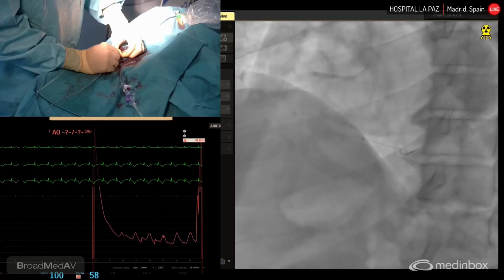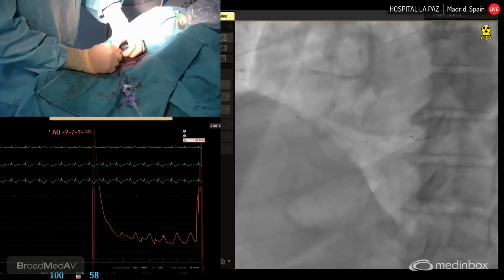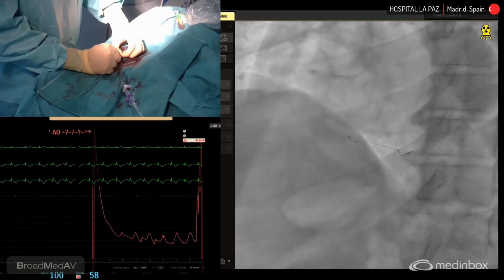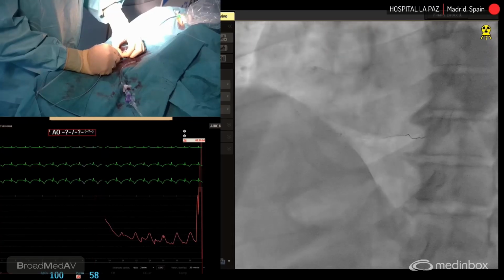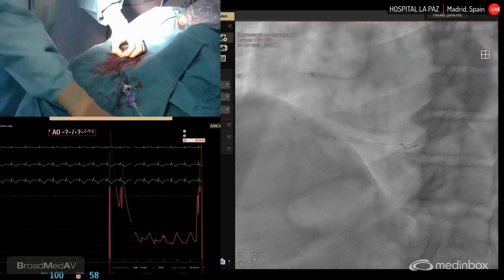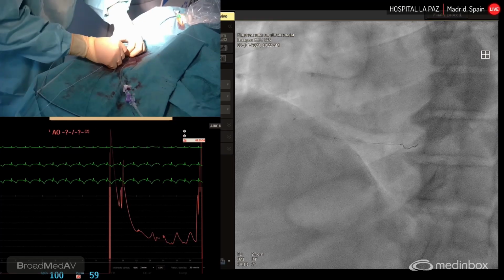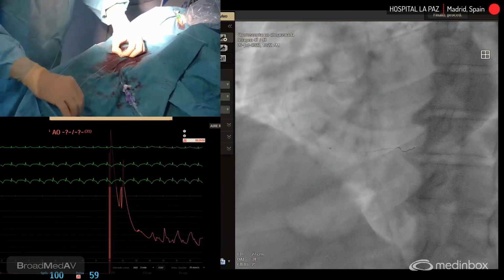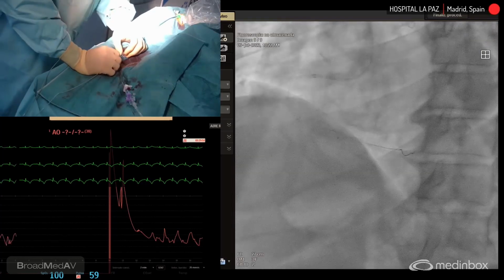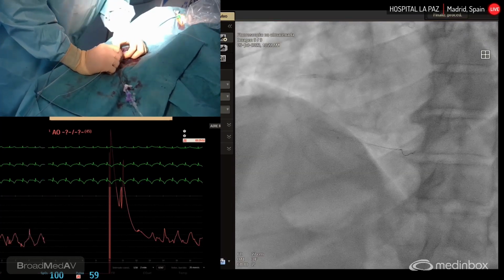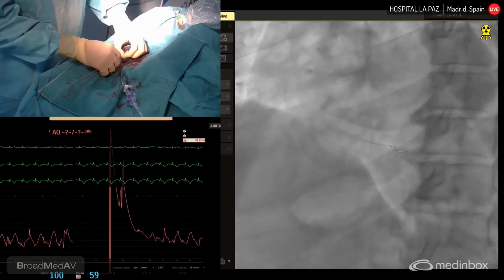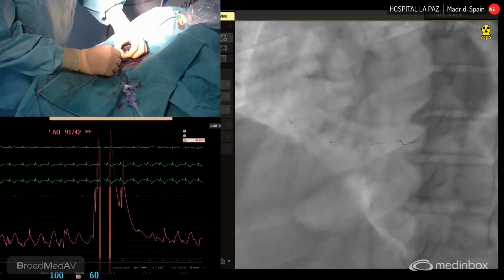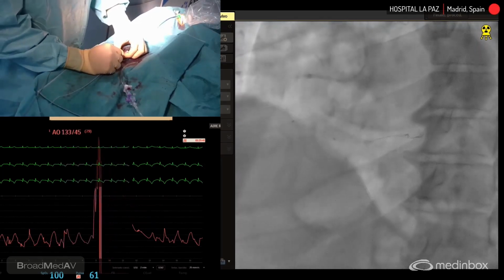Suero. You can see the catheter has crossed the most severe part of the lesion. We are applying laser also in the back part of the artery. Let's do another pass. ¿Qué pasa, Francisco? Vale, vamos a hacer otra. Suero.